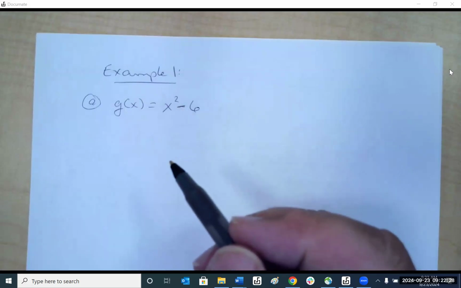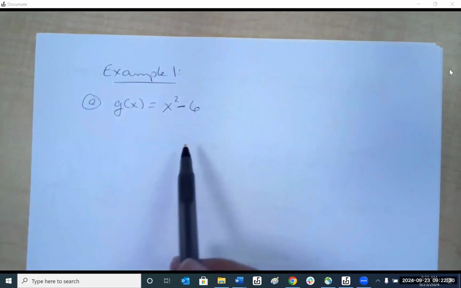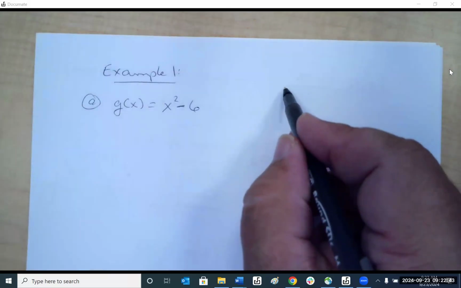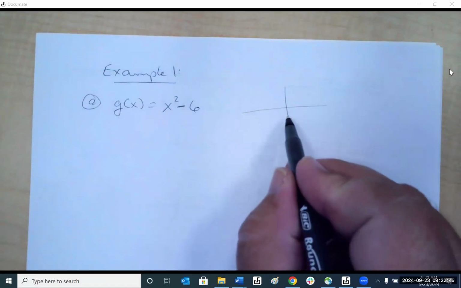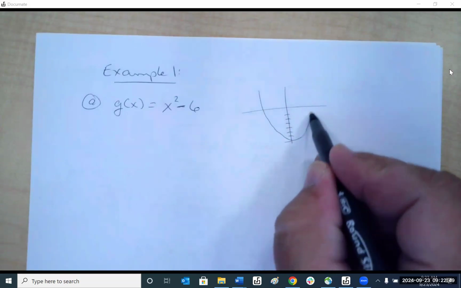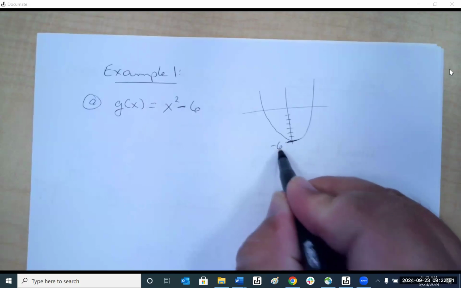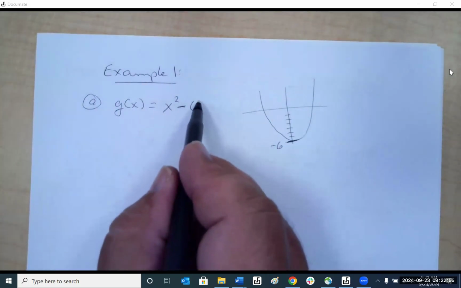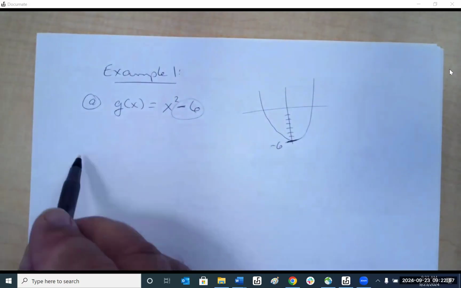Well, the graph is going up, but be careful. Now we have a vertical shift, so we can't just say going up. What's the graph going to look like? It's going to intercept at negative 6 on the y-axis. It'll look like this at negative 6, because there's no horizontal shift. It's just a vertical shift down 6 spaces.